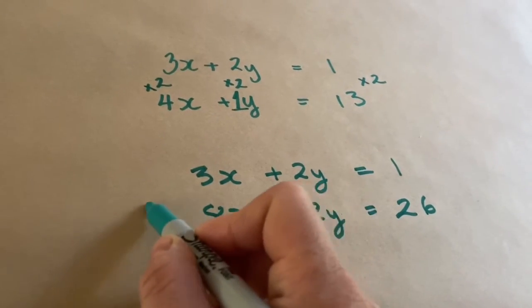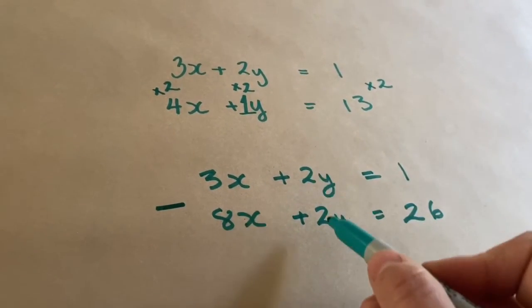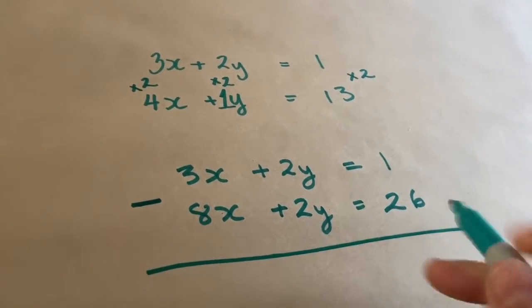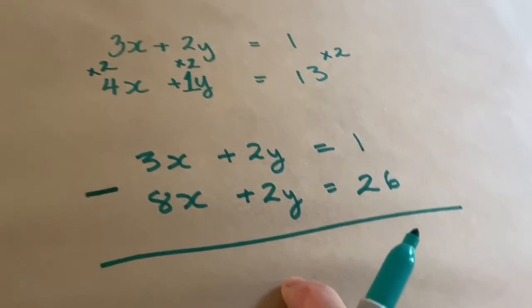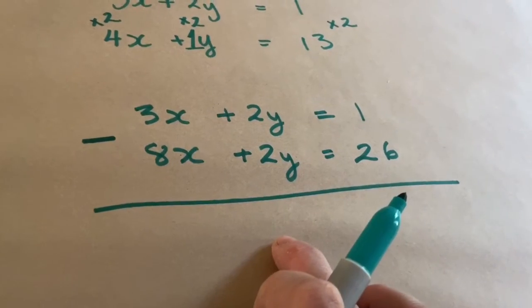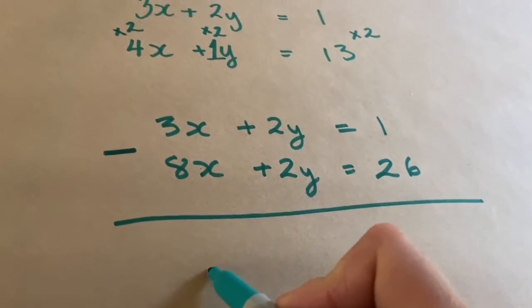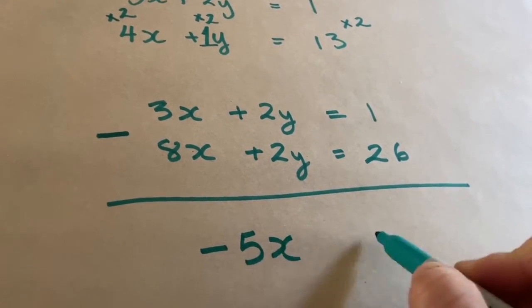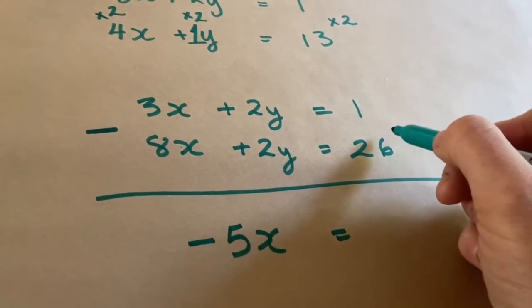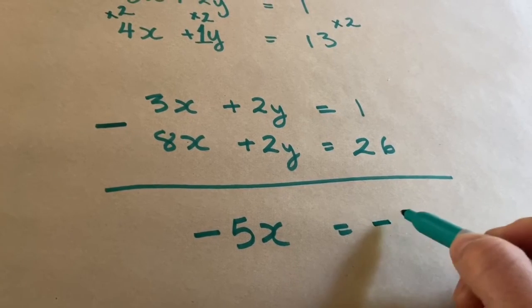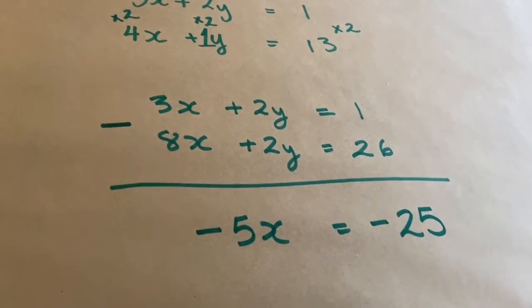So let's subtract those equations because 2 minus 2 gives me 0. And if it's 0y, I don't need to write it down. So I have eliminated it. So 3x minus 8x would give me -5x. 1 minus 26 would give me -25.